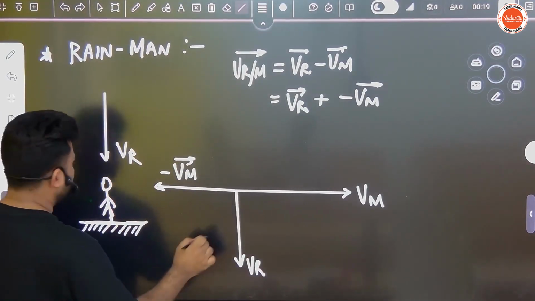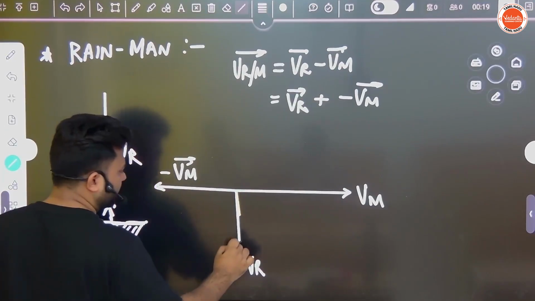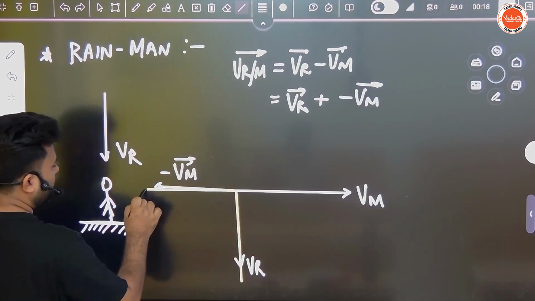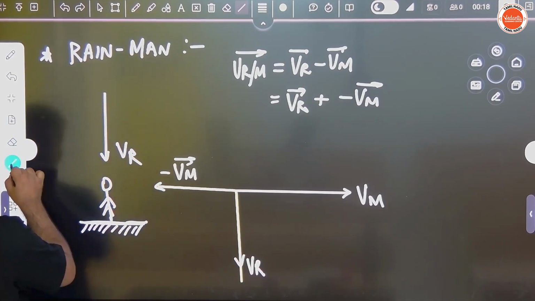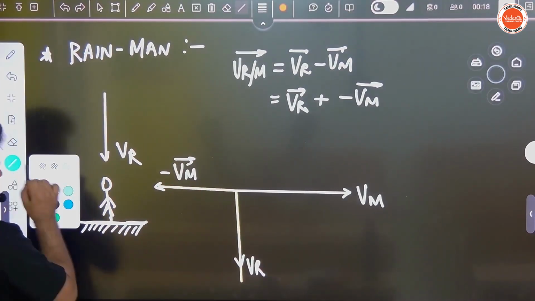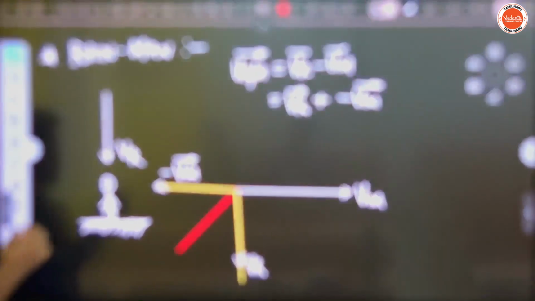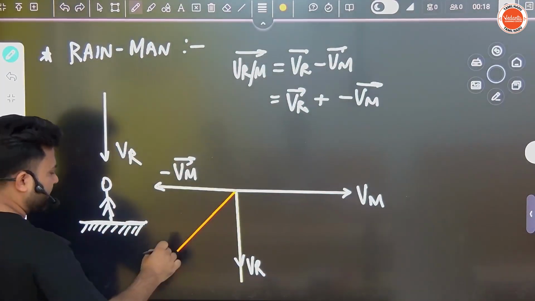So if you add these two vectors, what will happen? The resultant will come in this direction. That's why you feel that rain is coming slightly in this direction.